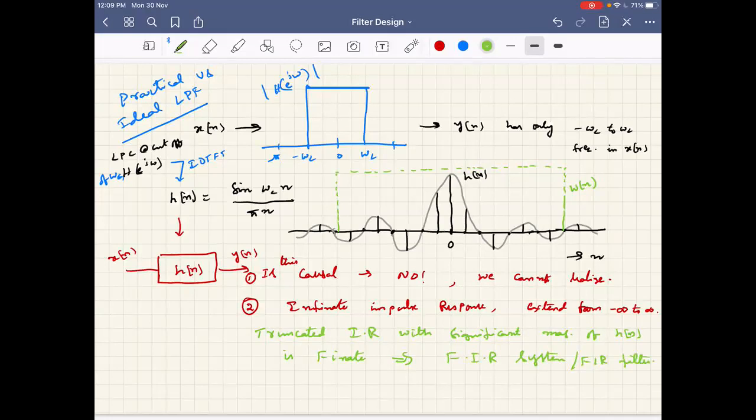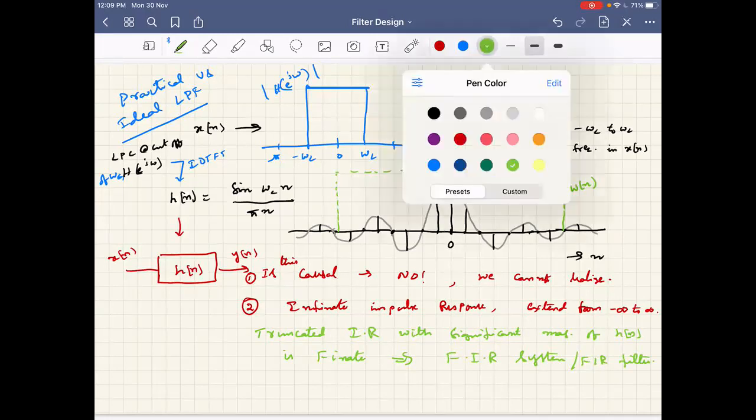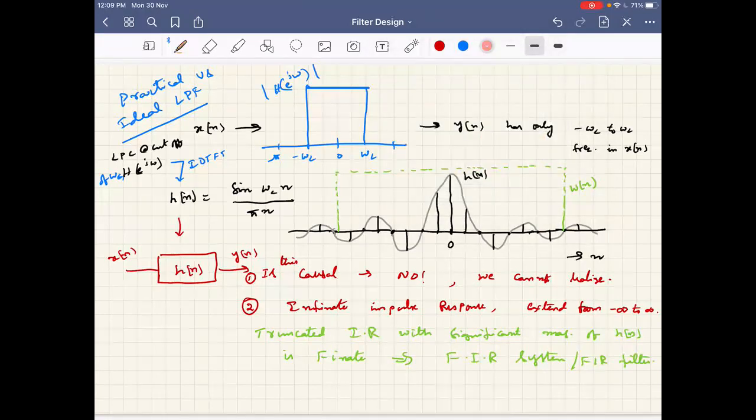Based on how I realize the filter, there are two categories of filters. One is referred to as FIR filters, the other is referred to as IIR filters. If I do not truncate and directly realize it, I refer to that as an infinite impulse response, or IIR, filter, which has all terms in h of n.